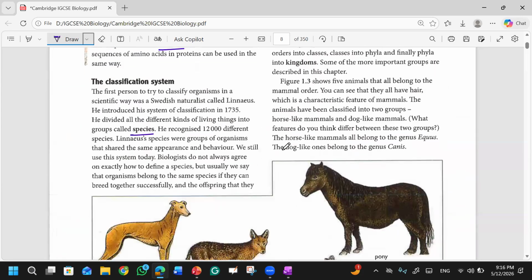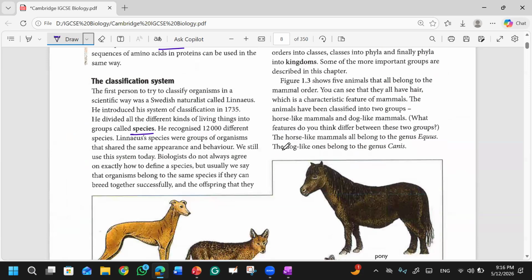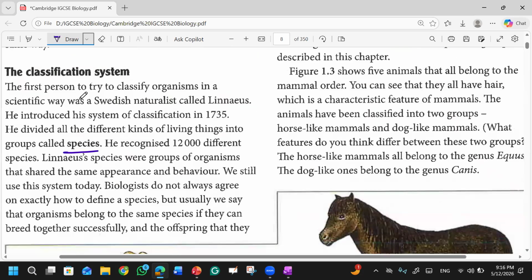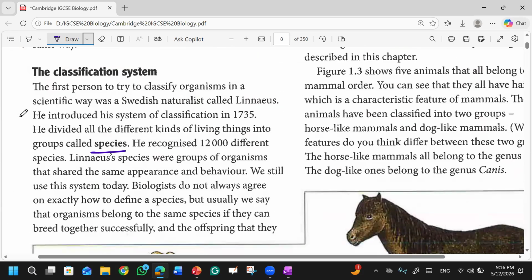This was about the species. Okay, what we discussed in the classification system, can you read from here? The first person to try to classify organisms in a scientific way was a Swedish naturalist. Naturalist means a person who studies nature, what is happening in nature, called Linnaeus.